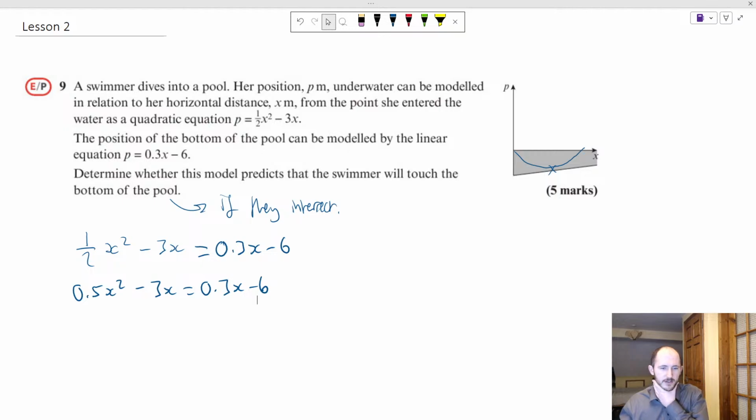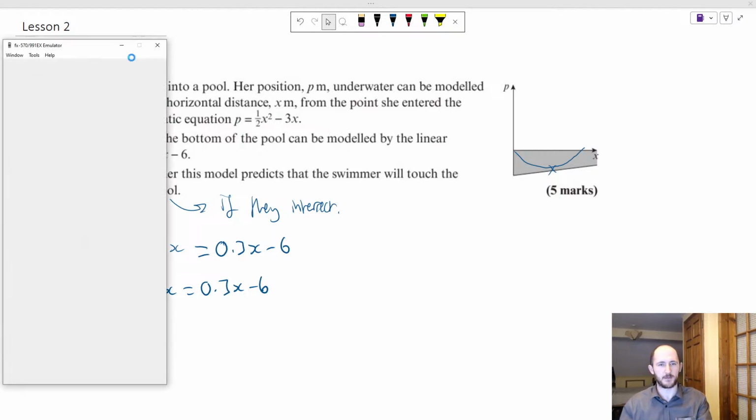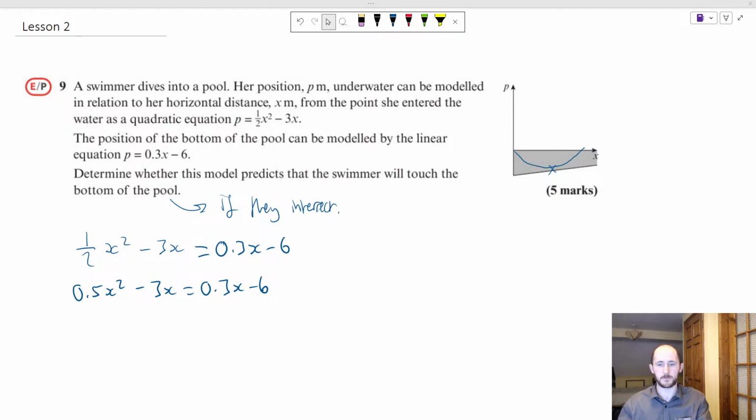It's a quadratic. I got told that I need to speed up a little bit by some of you guys, and that's a very fair assessment. So I'm going to move everything over to the left-hand side. We have 0.5x squared, and then minus 3x minus 0.3x, we get minus 3.3x, and then plus 6 equals 0.